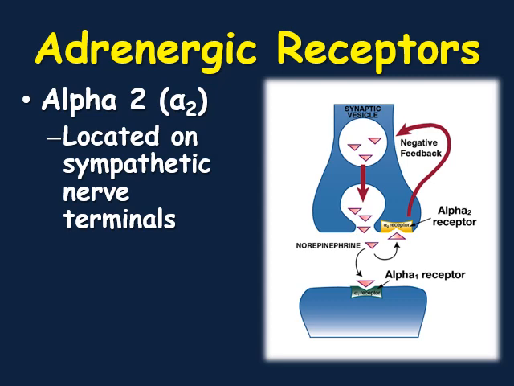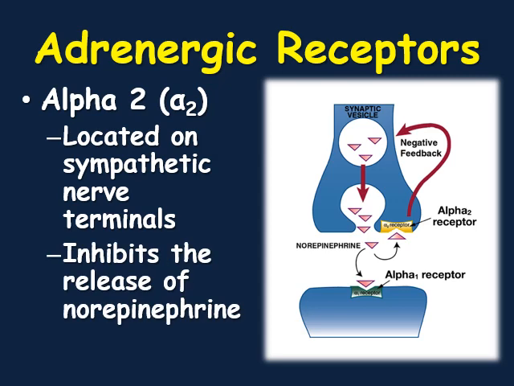The alpha-2 receptor is then going to shut down or slow down the release of norepinephrine. It basically says, hey, I'll let you release some, but don't release too much. So alpha-2 just keeps alpha-1 in check, so we don't have a total massive vasoconstriction where everything shuts down, cuts down blood supply to all your organs, and you die. This is just a check and balance system to make sure that alpha-1 doesn't go crazy.